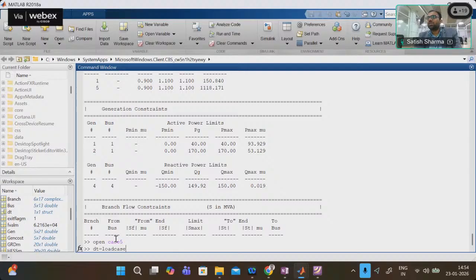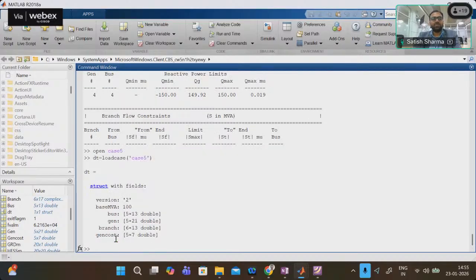This load case is a function in MATPOWER. So that's why I asked you not to use the load case command and paste all the matrices there, because this function is defined in MATPOWER.